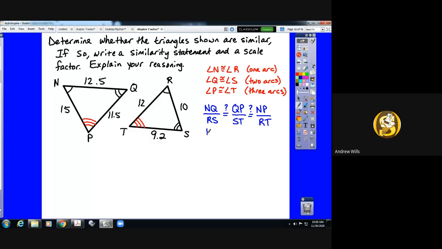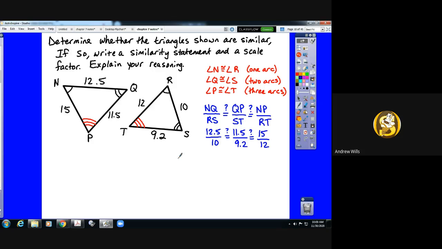NQ is 12.5. RS is 10. QP is 11.5. ST is 9.2. NP is 15. RT is 12.